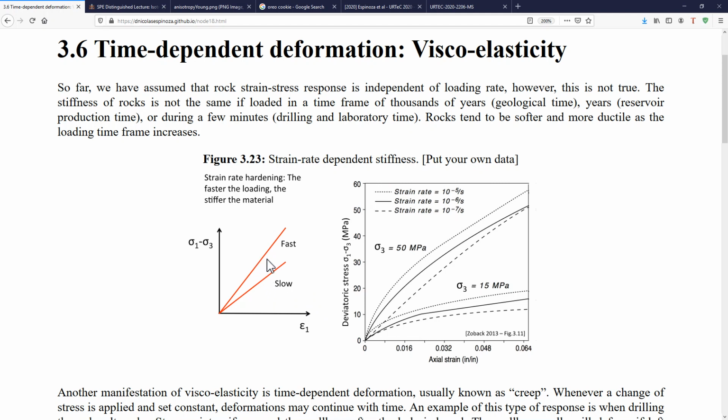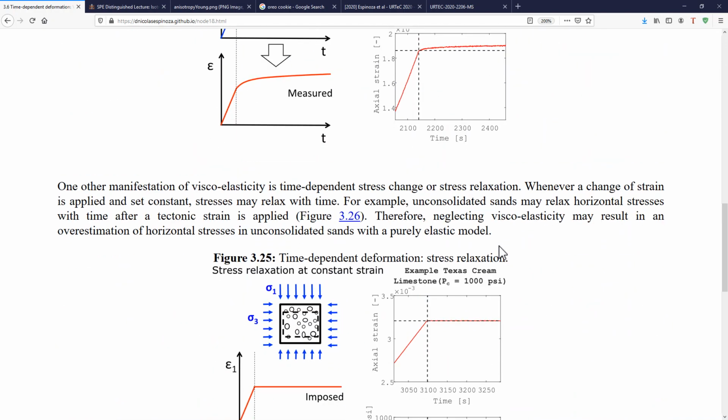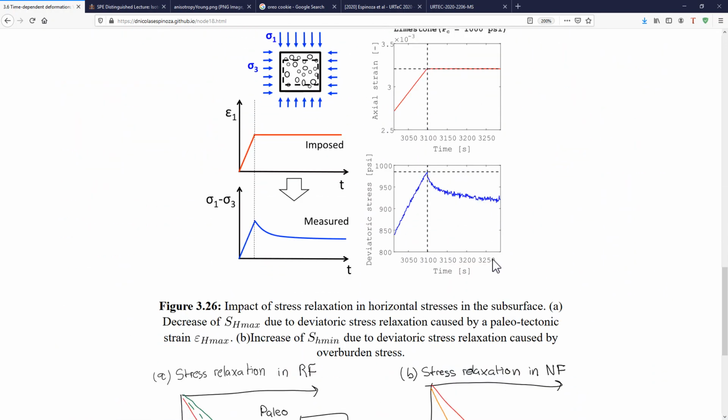Why? Because when you load it fast, the rock doesn't have the time to fail internally at a very small scale, and since it doesn't have the time, it's going to react with all its strength, and it's going to develop a higher Young modulus. Okay, so all of these can be explained under the theory of viscoelasticity.